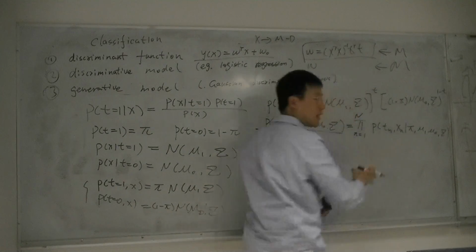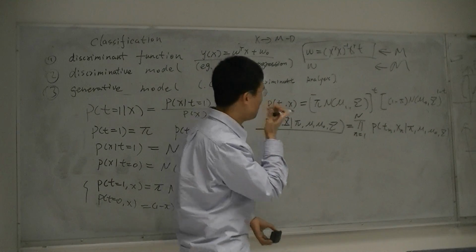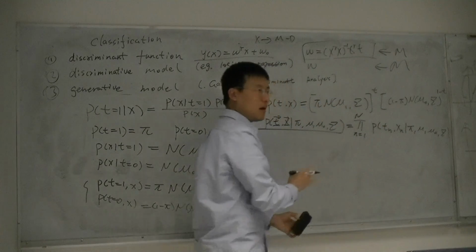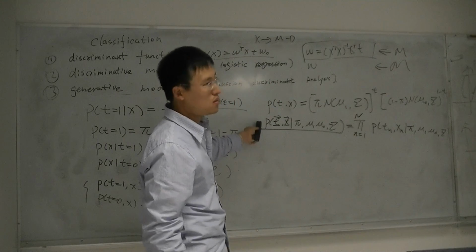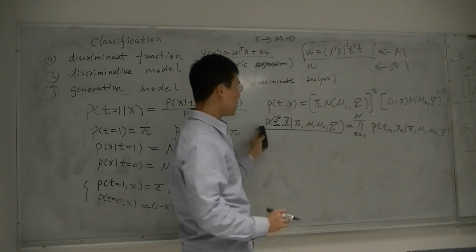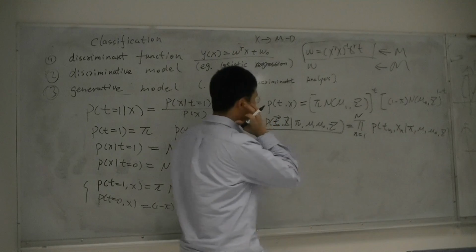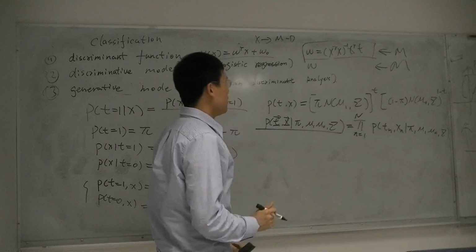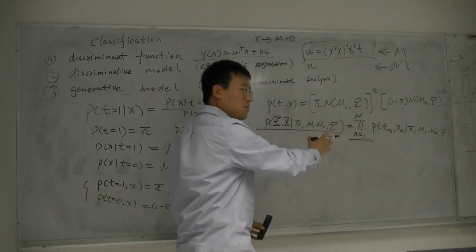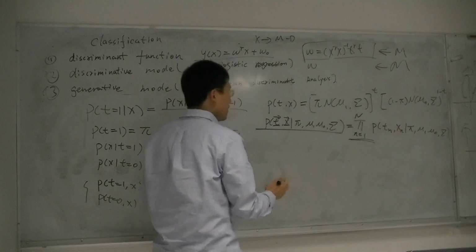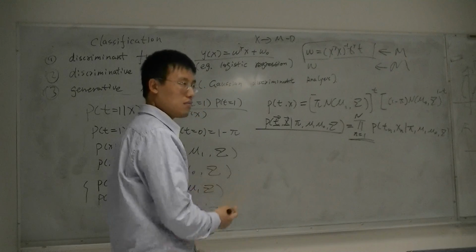Each joint distribution can be given by this formula, and we plug this formula in here. Directly maximizing the likelihood with respect to the joint distribution is not easy, so we take a logarithm of this joint distribution and try to maximize the logarithm of this joint distribution. If we take a logarithm, the product will be turned into a summation, right? And I will skip this derivative since we have done it many times.